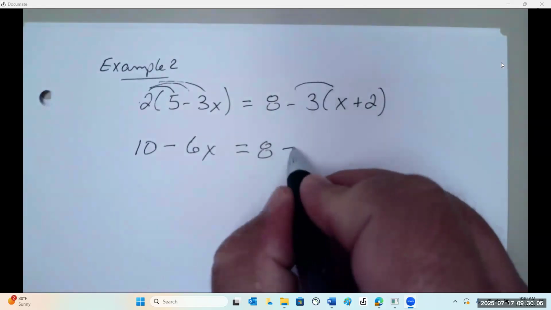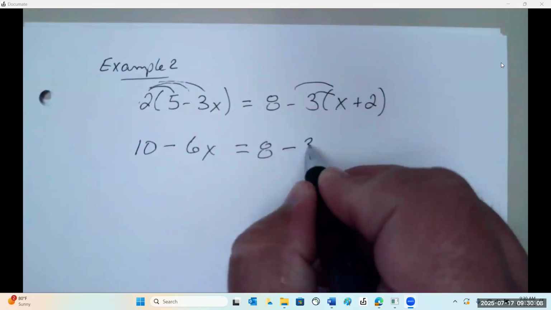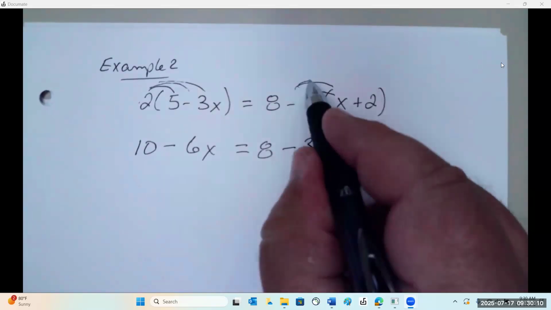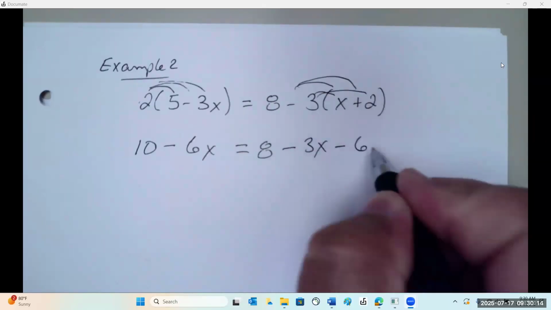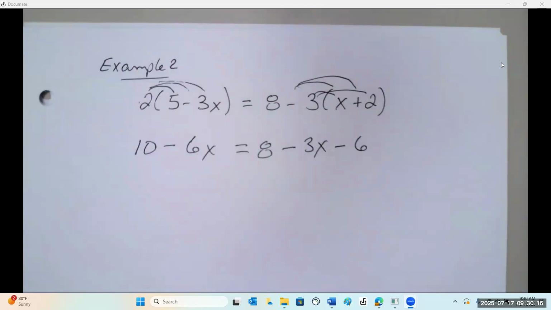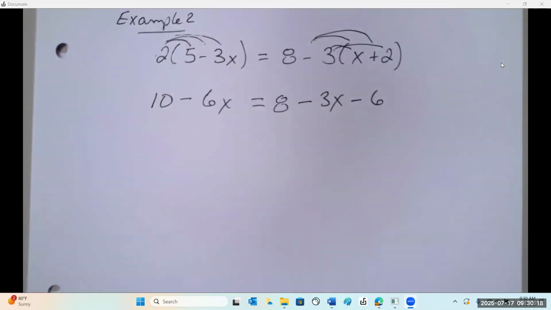Negative times positive is negative. 3 times x is 3x. Negative times positive is negative. 3 times 2 is 6. Whenever you get rid of parentheses, the first thing you want to do is combine like terms.